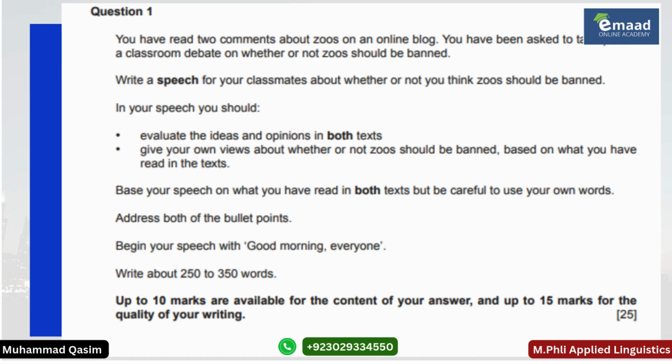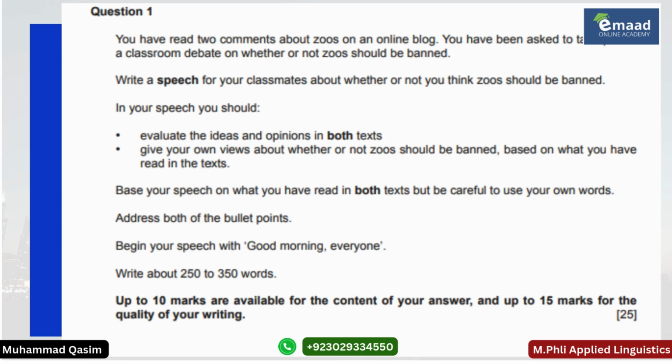In your speech you should evaluate the ideas and opinions in both texts. You have to evaluate all the things that are given in the texts. You do not necessarily need to give references like saying in text A he says, in text 2 she says.